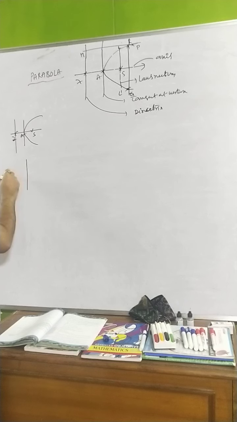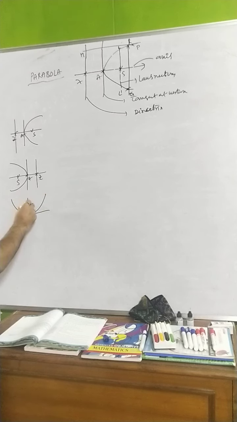The other one, the shape may change like this. Here S, here A, here Z. The other one might be like this. This is S, this is A, there is Z. The other one may be like this. This is A, this is S, this is Z.